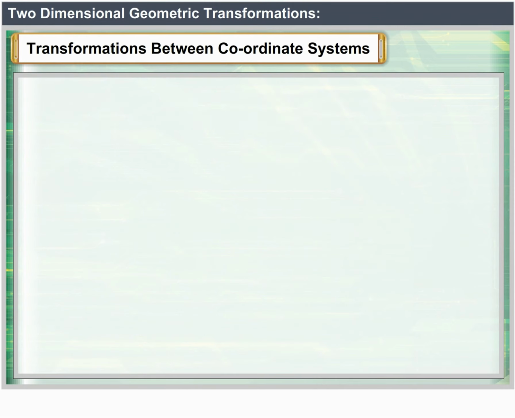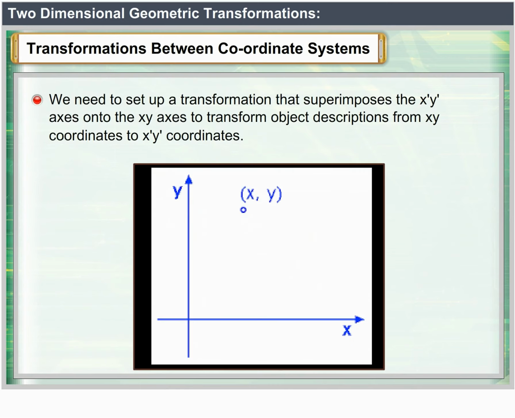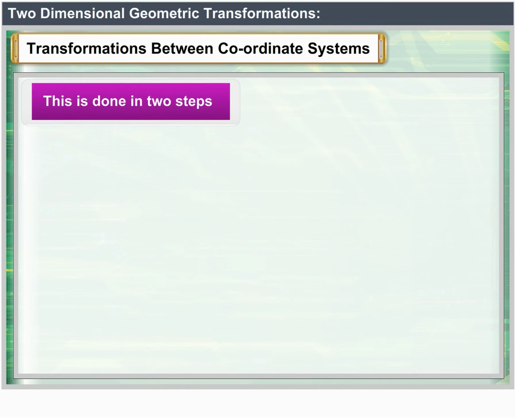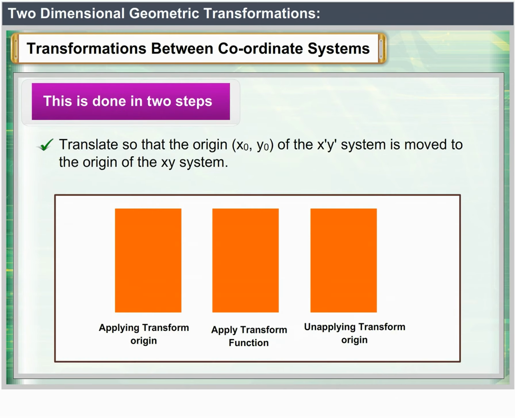Translate so that the origin x0, y0 of the x'-y' system is moved to the origin of the xy system. Rotate the x' axis onto the x axis.